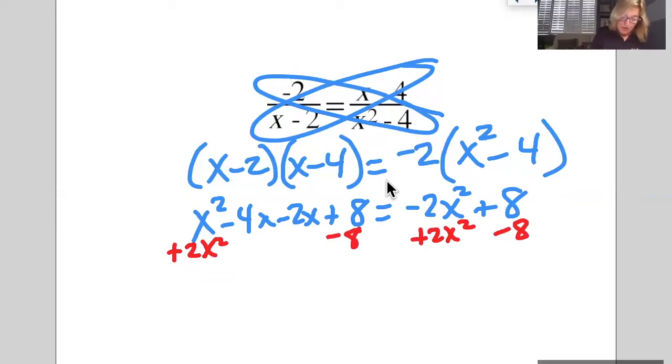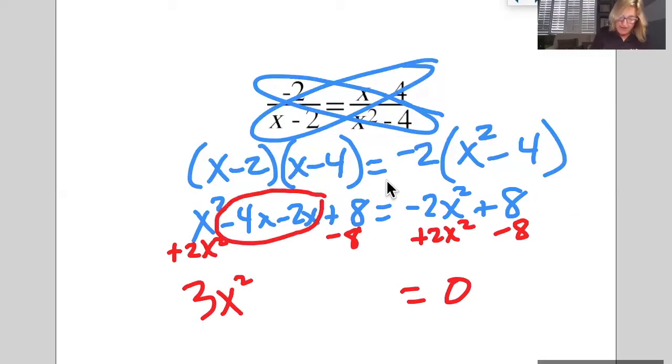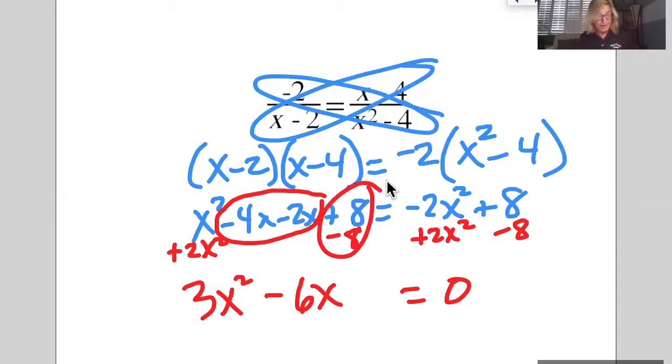And so we have 0 on the right-hand side, and we have 3x squared. And then we could gather all of these, negative 6x, and then we have negative 8 plus 8 is 0. So now we have 3x squared minus 6x is equal to 0.